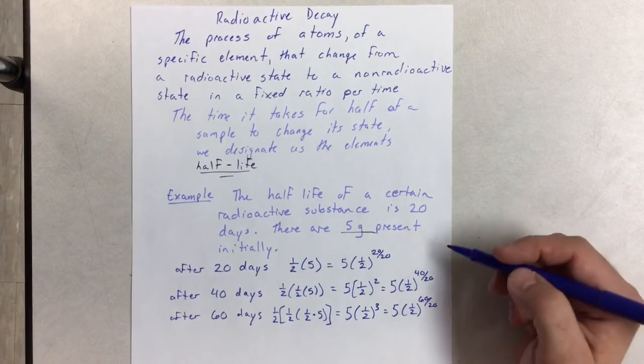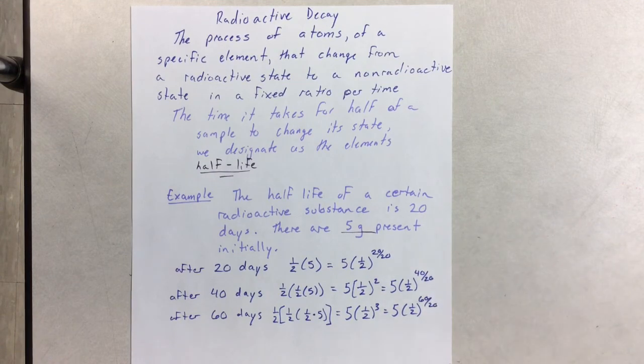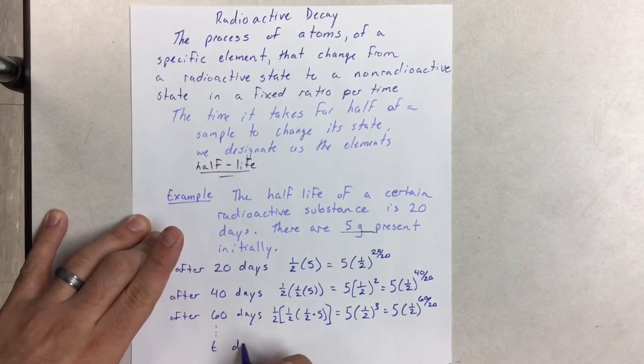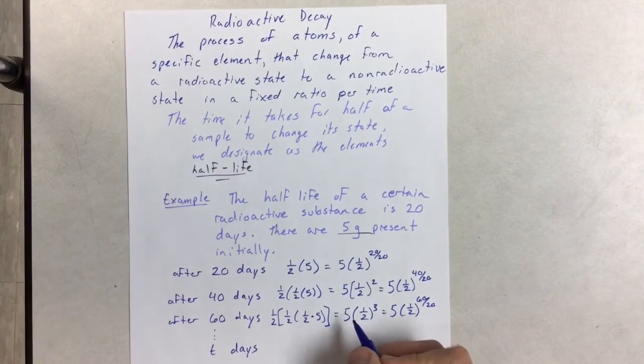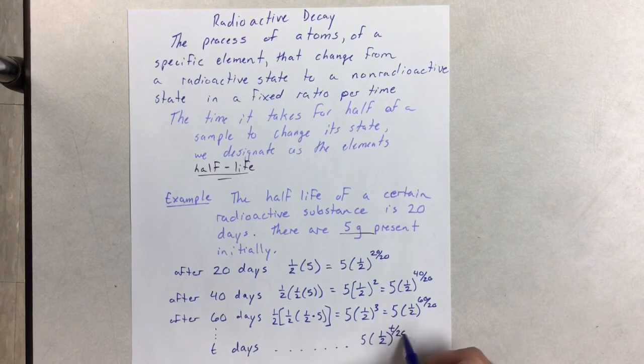And I'm thinking you're starting to notice a trend here. So this trend is, we just generalize it, after t days, we can say that we get a function or a formula for 5 multiplied by 1/2 raised to the power of t divided by 20.